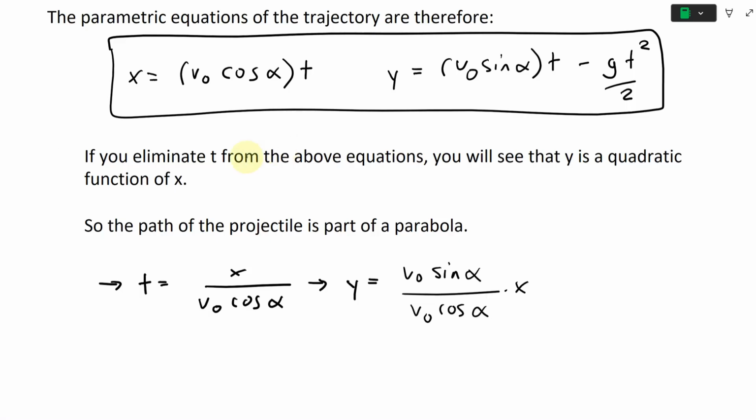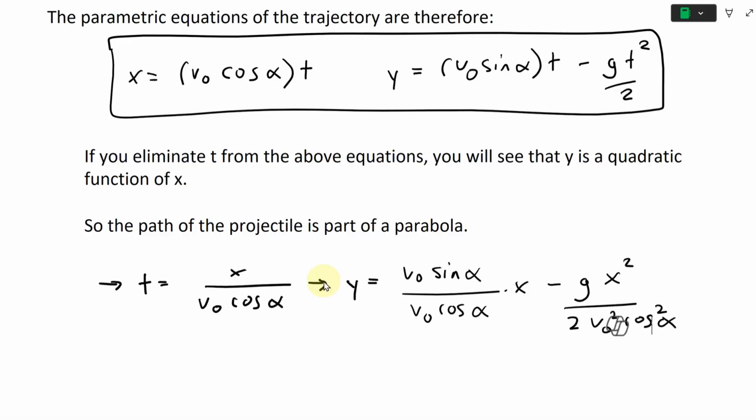So v naught sine alpha divided by v naught cosine alpha, and then minus g times t squared, where t is this setup here, so g x squared over 2 v naught squared cosine alpha squared.